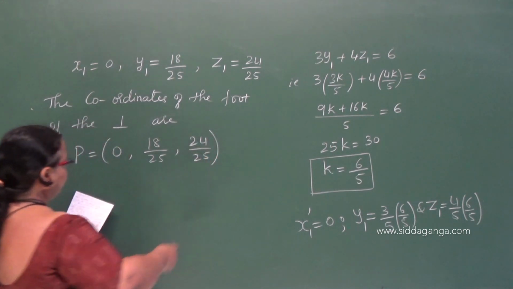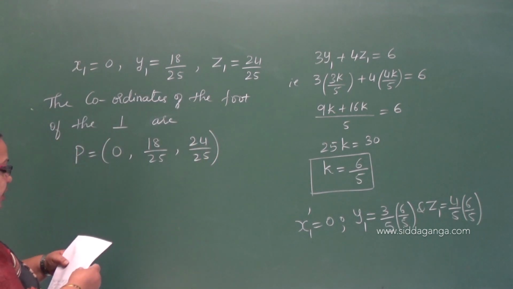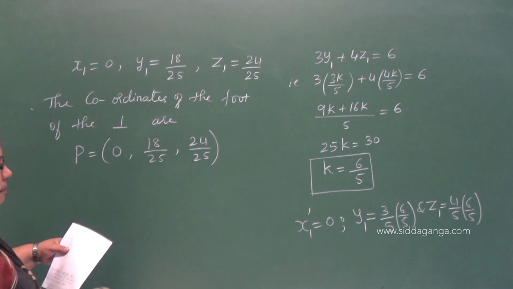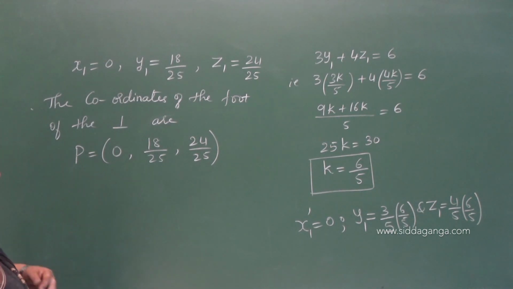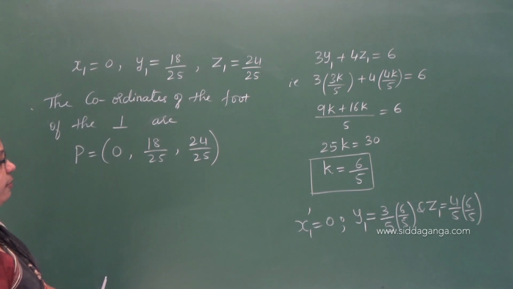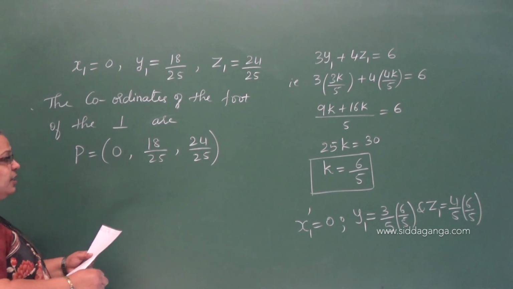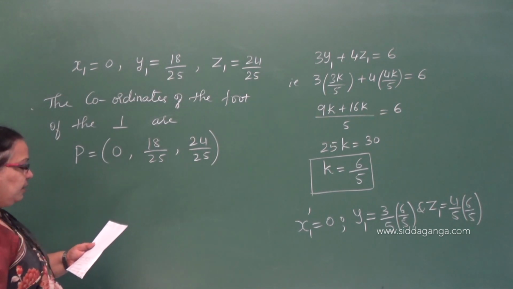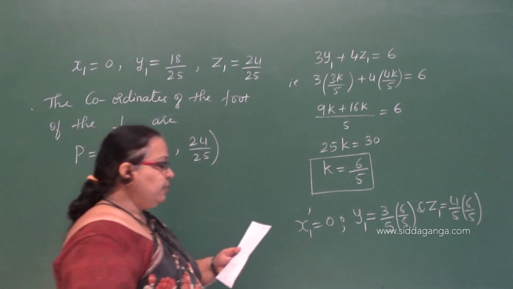So these are the coordinates of the point P. So that is k value 6 by 5, 3 by 5. So then it becomes 25. Therefore k value is 6 by 5. So that is the answer here. So next one is here.